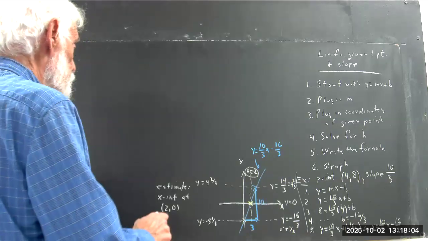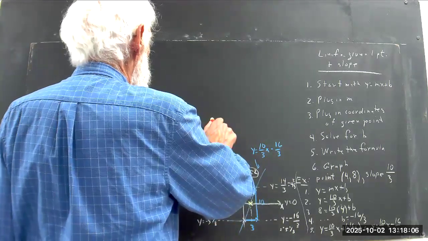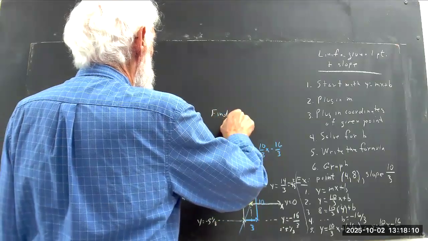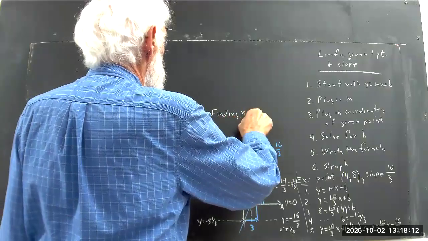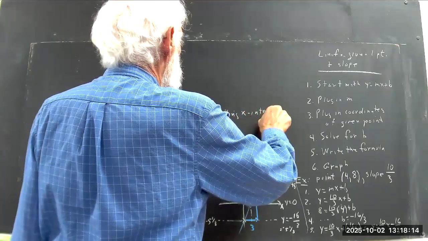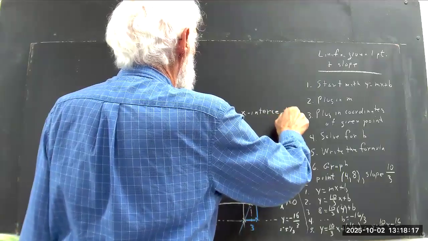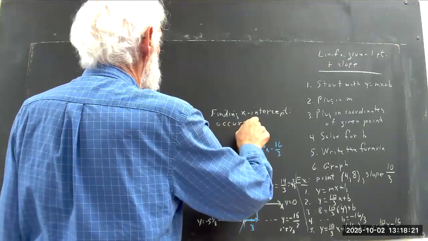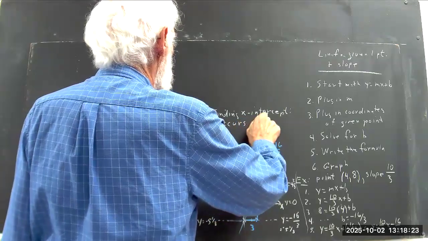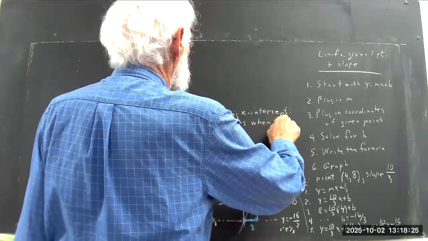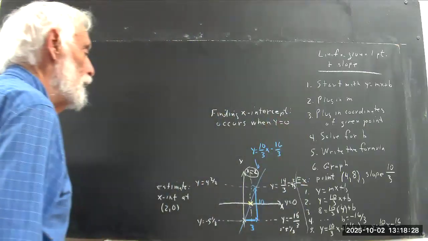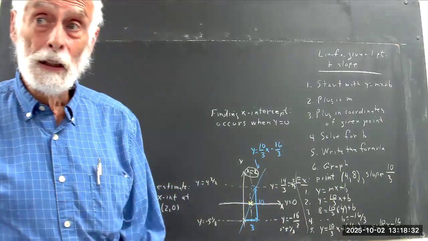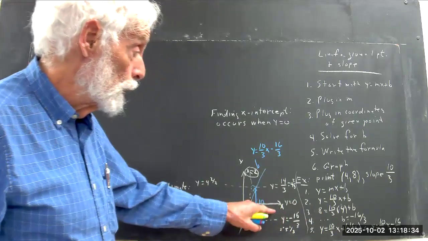Now, can we find the x-intercept? It occurs when y equals 0. Why? Because it's on the x-axis. And everywhere on the x-axis, the y value is 0. The x-axis is the line y equals 0.